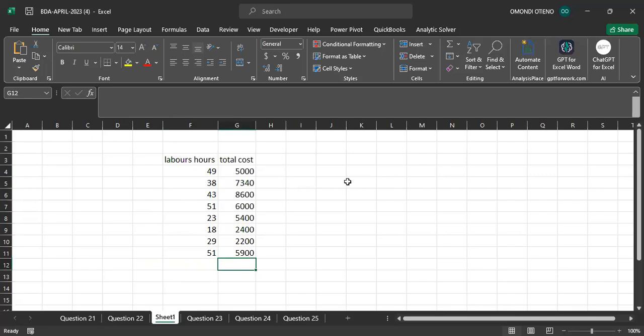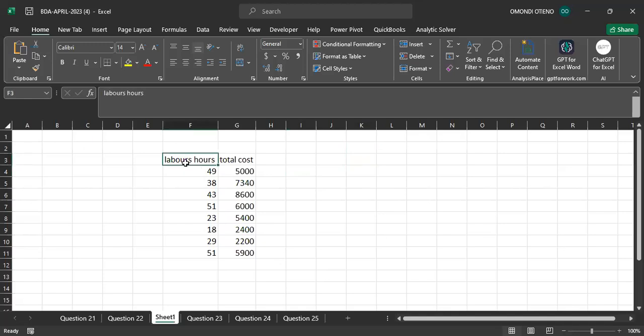What you need to understand here, for us to come up with a cost function of two variables, whereby we have one dependent variable and one independent variable, that appears to be complex. For us to simplify this, I'll ask you a very simple question.